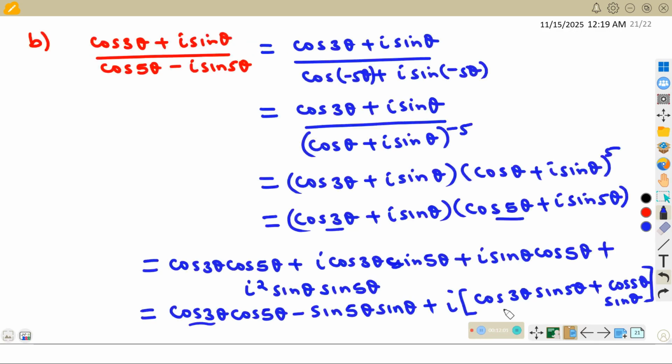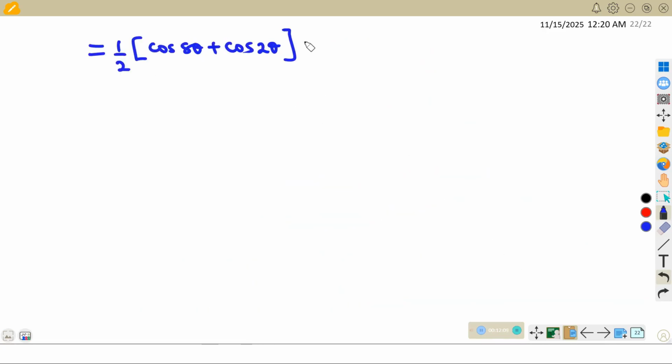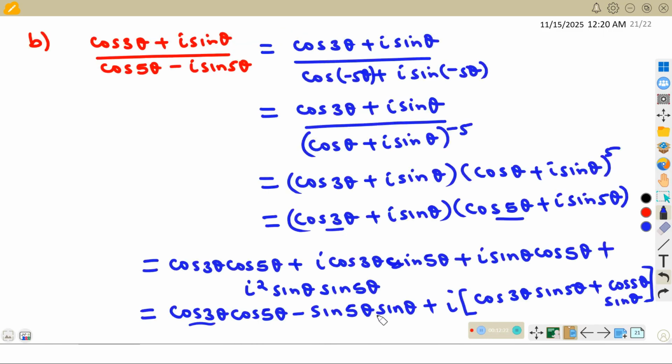Then again, we are having this minus of this. So this is same as, so it should be minus 2, so that is plus a half into sine 5 theta sine of theta.